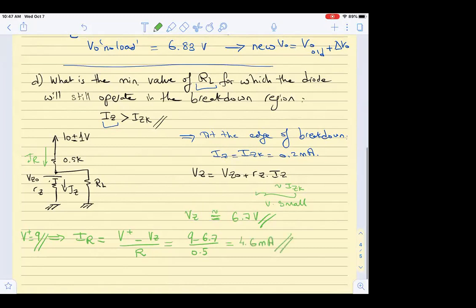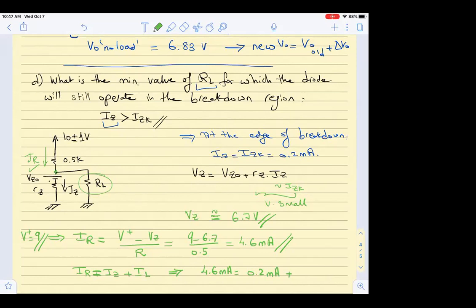Okay, so now I have IR, I have VZ. Can I find the value for our load that is going to push my operation to the edge? I have IR equal to I Zener plus I load, right? This means that 4.6 milliamp is equal to 0.2 milliamps plus I load.